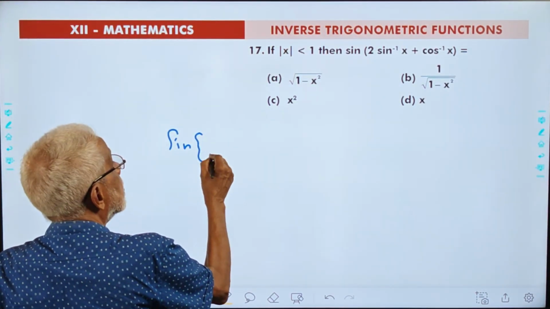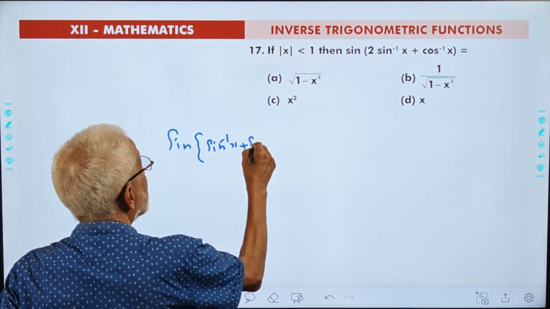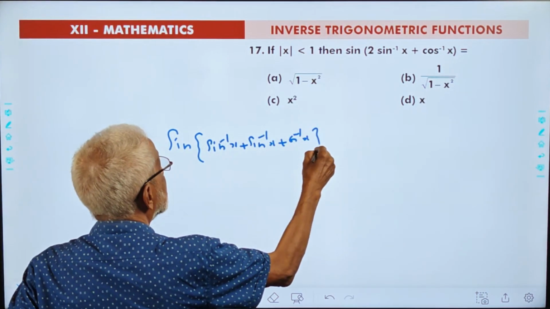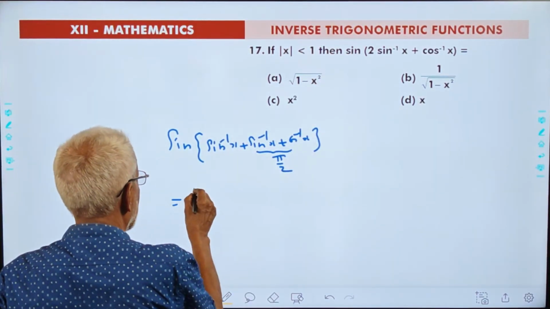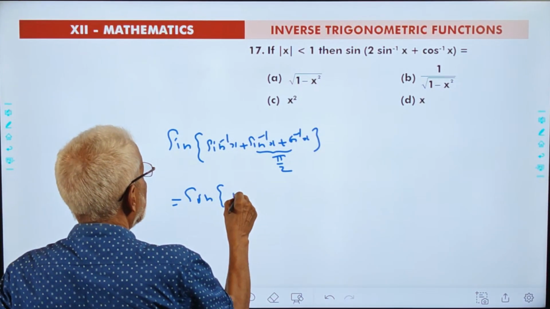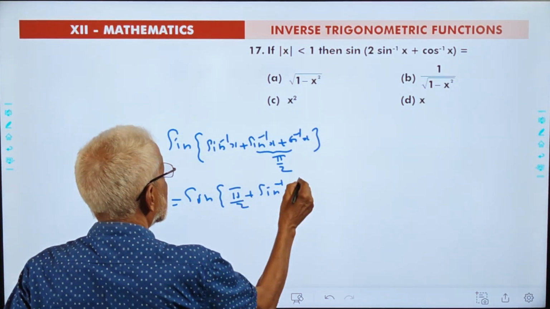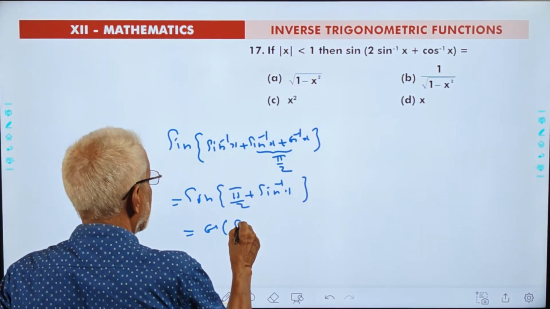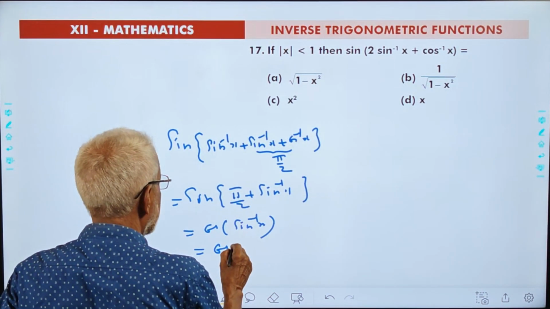Sin of sin inverse x plus cos inverse x. Now sin inverse x plus cos inverse x is pi by 2. Therefore, this is equal to sin of pi by 2 plus sin inverse x. Sin of 90 plus theta is cos theta. Therefore, this is equal to cos of sin inverse x. We can take sin inverse x as theta.